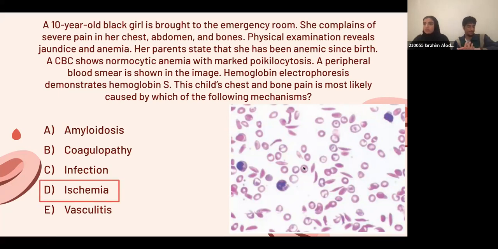It is ischemia. So one thing to know about sickle cell: if the question was, what is the pathogenesis of this patient's disease? It's glutamic acid to valine in position 6 of the beta globin gene.